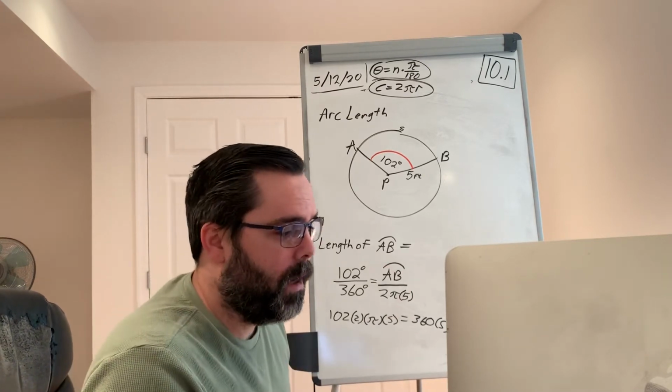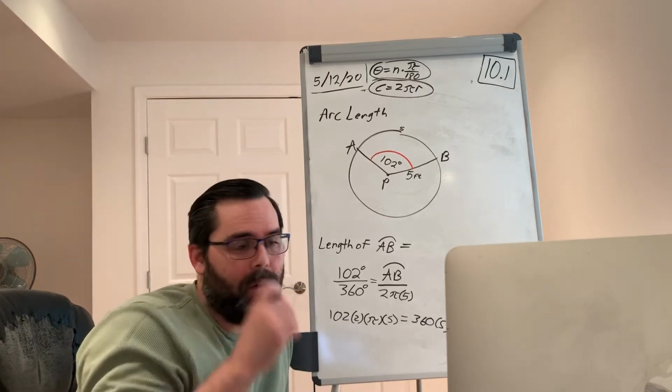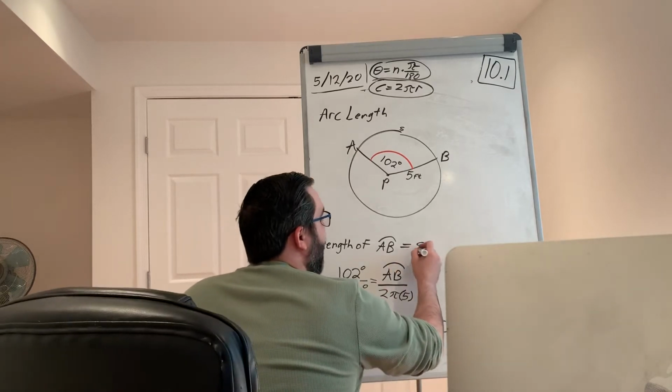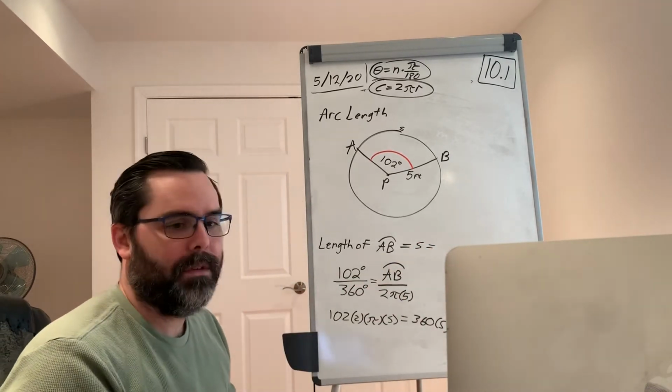I don't know why, but it's what the book uses. Okay. So the length of arc AB is equal to S. And here we're going to solve for S, and we have to do some calculations.